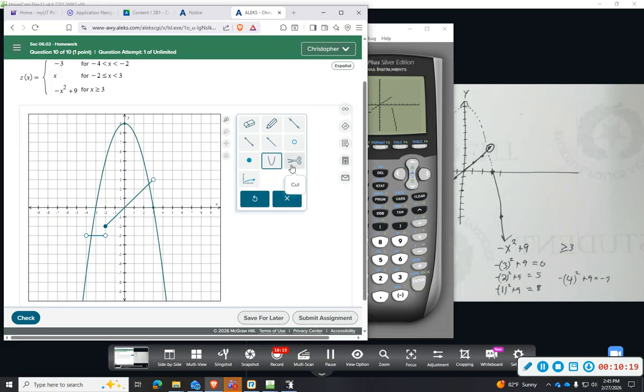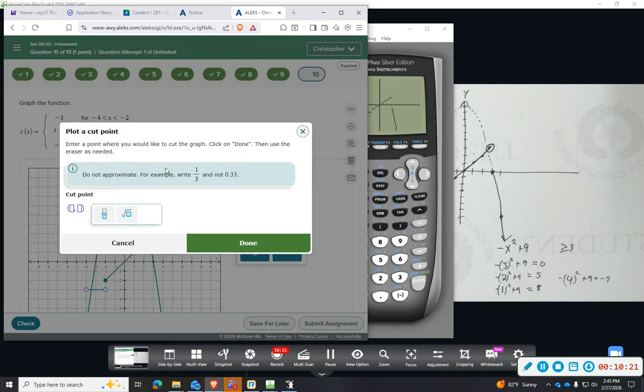Okay, and then I want to cut. So it says enter a point where you would like to cut the graph, and then say done. So cut it. Let me see if I put in 3, 0.